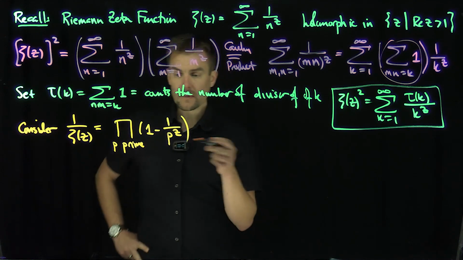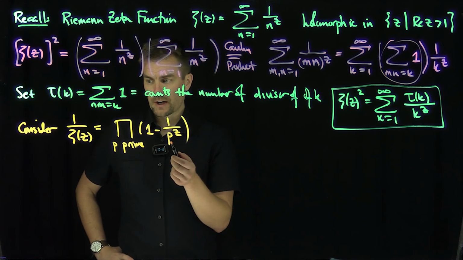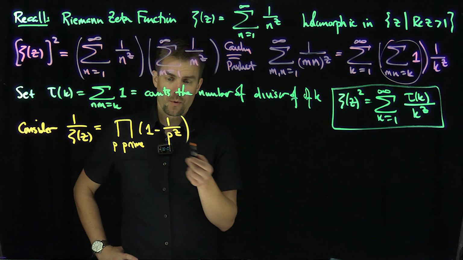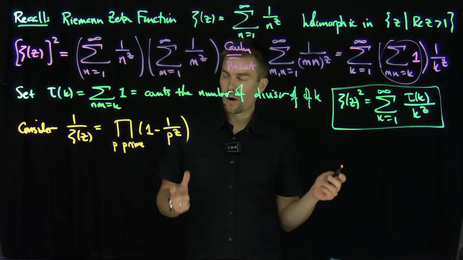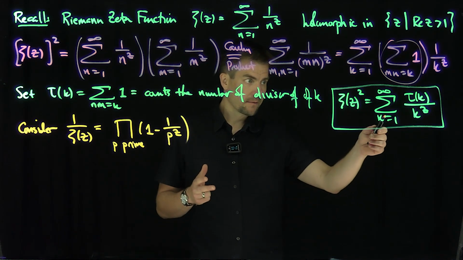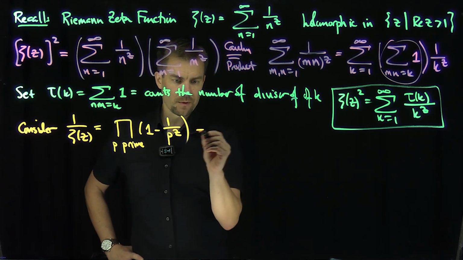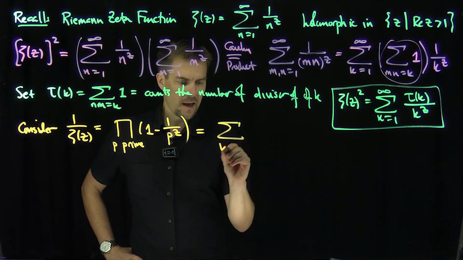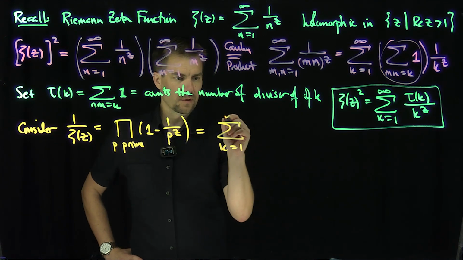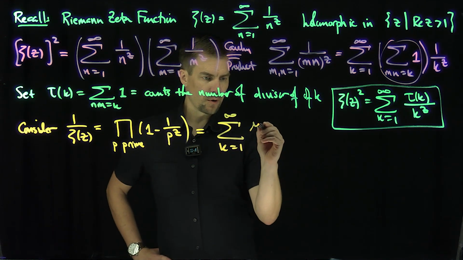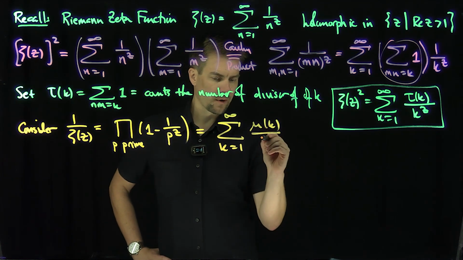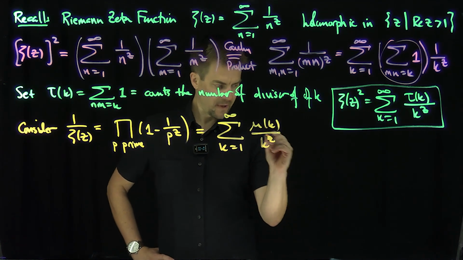Good. So what sorts of terms are we going to get? We're going to get the sum over all of the numbers k, to the z. This is going to be equal to the sum k goes from 1 to infinity of mu of k over k to the z, like that.